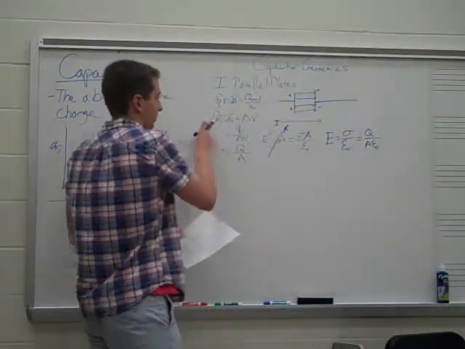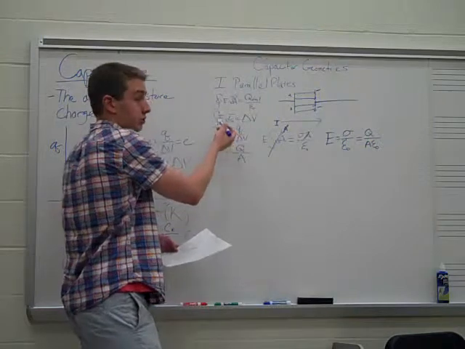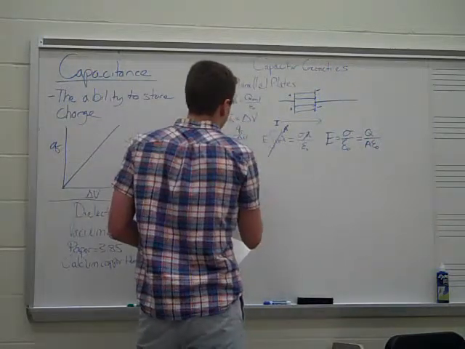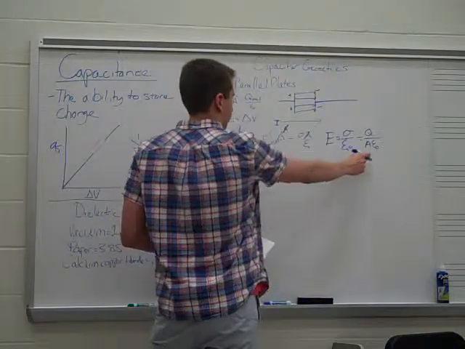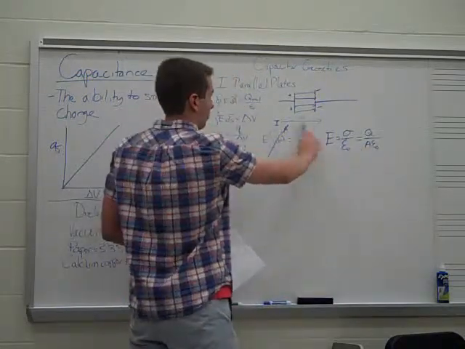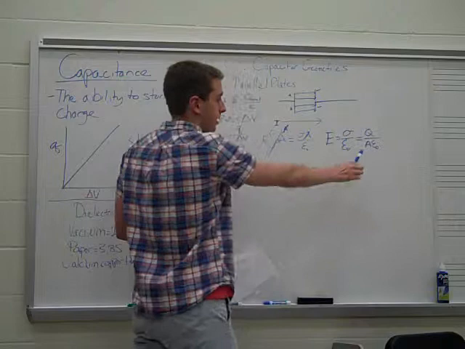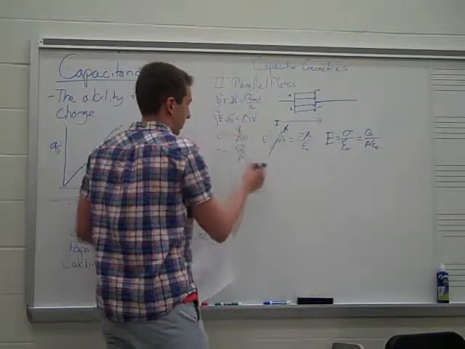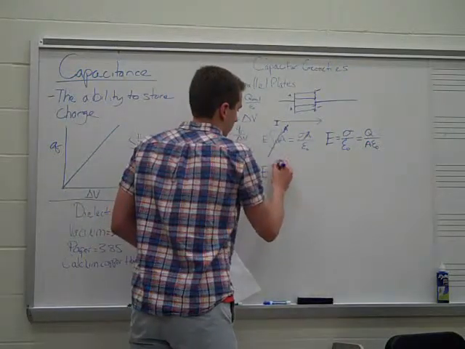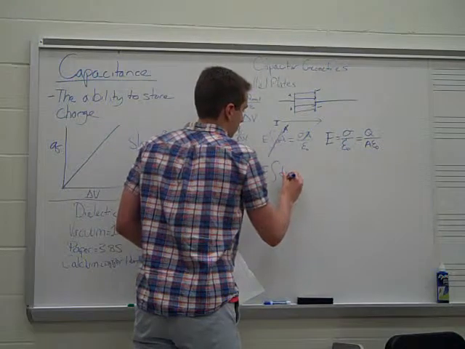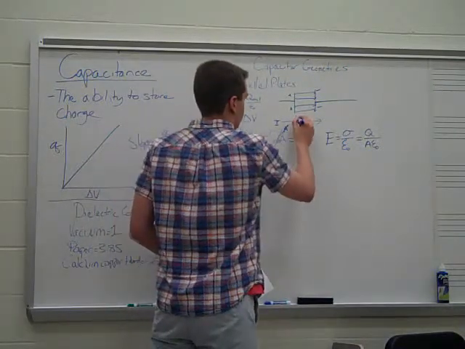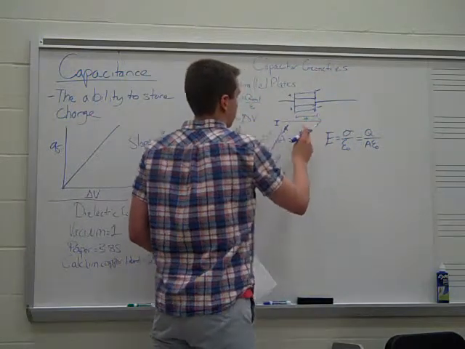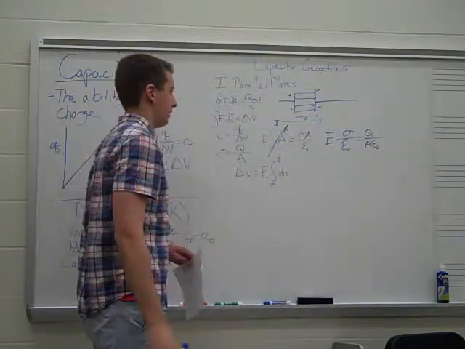So now we're going to use this delta V equation with the equation we just derived. We know delta V equals the integral of E dot dl, and since there's no variable that's changing in here, E is just a constant which we can bring out. The line integral is going to be from 0 to D, where D, which I should have mentioned earlier, is just the distance between the two plates.